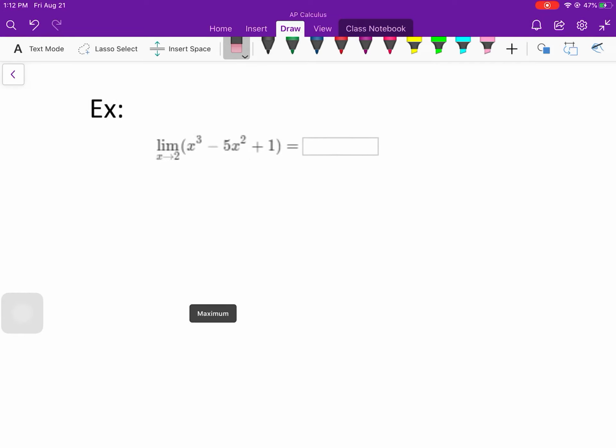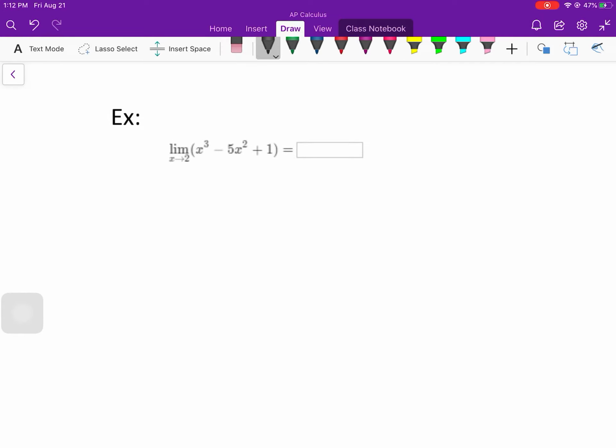So let's look at this one. This is limits by direct substitution. So we just start by plugging it in. The limit, as x approaches 2, of x cubed minus 5x squared plus 1. All we do is just plug it in and see what happens.